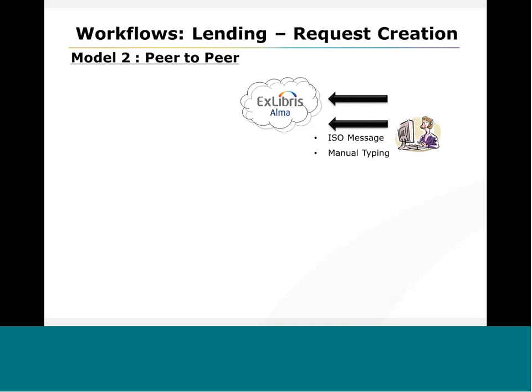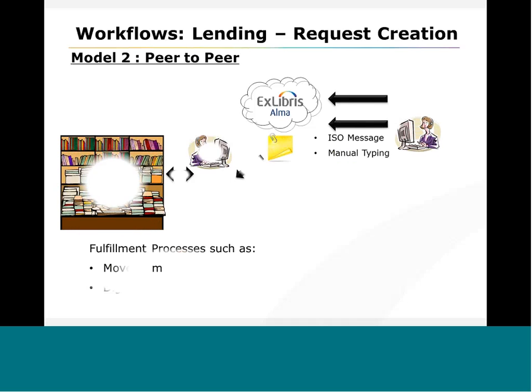This, of course, is not reflected automatically in Alma. We have this operator typing in this request into Alma. In either case, we'll have a request linked to the inventory, where an Alma operator using Alma screens will be able to trigger a move process or a digitization process.